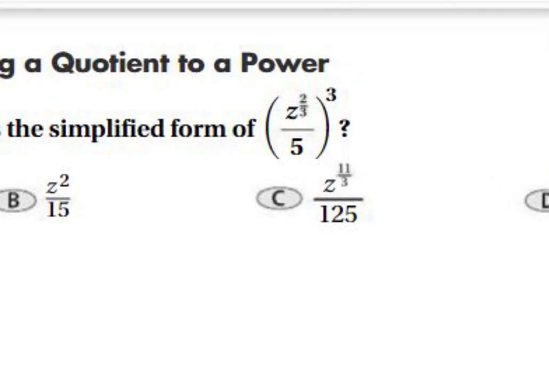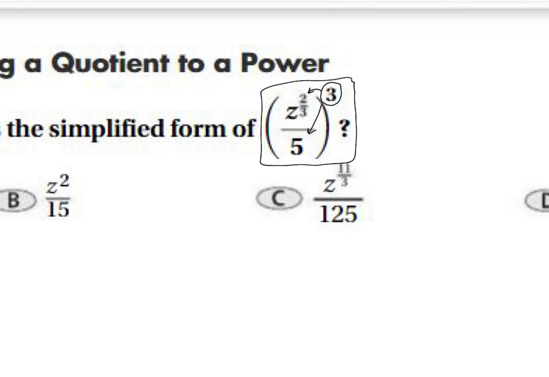What happens when you raise a fraction to an exponent, okay? Now, technically, we could have already figured this out based on what we've learned in the past, okay? But all you do is you take the exponent outside and you multiply it by whatever's on the inside.